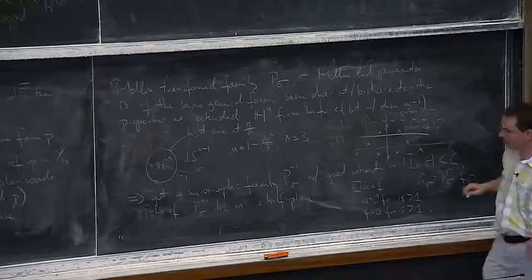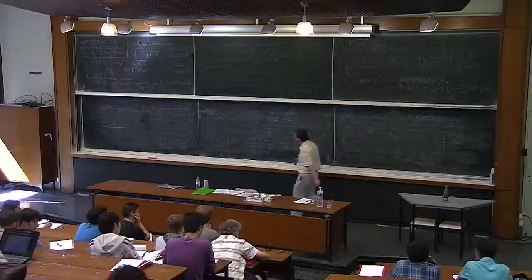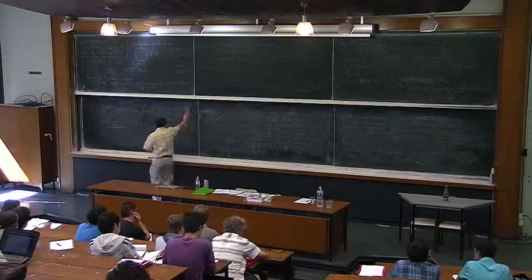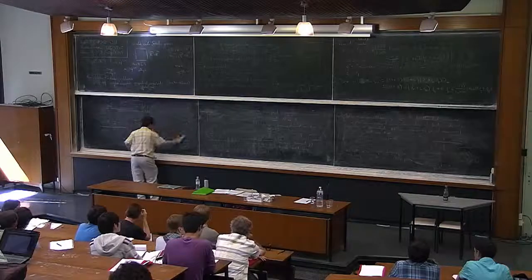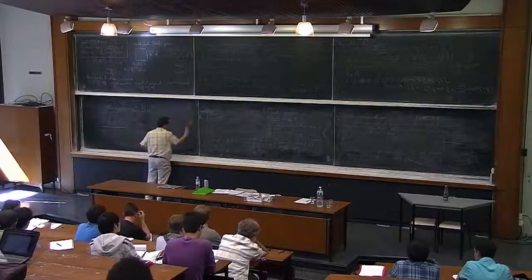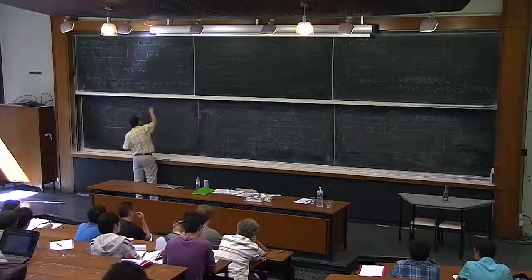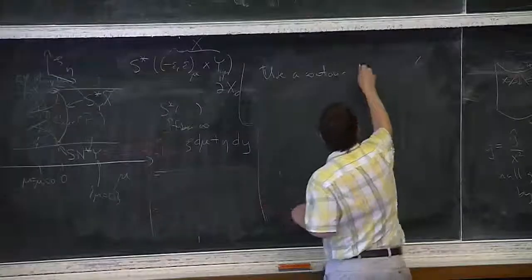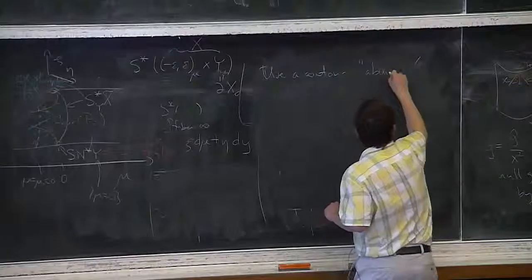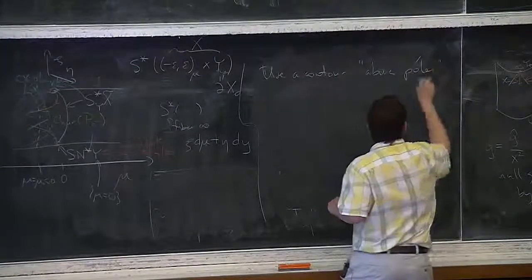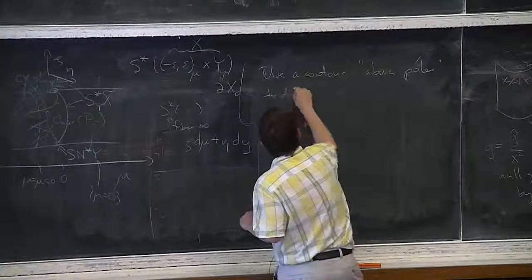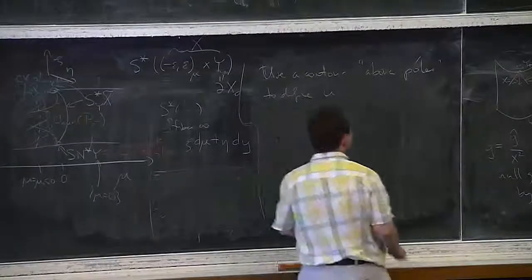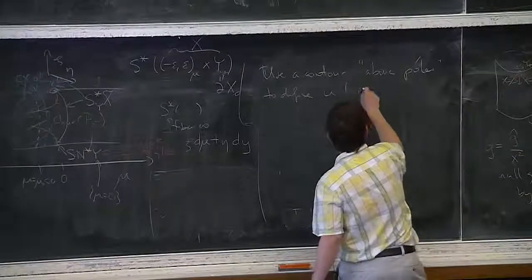So maybe just say it here quickly. First use a contour, let me say it informally, above the poles to actually define u via the inverse Mellin transform.